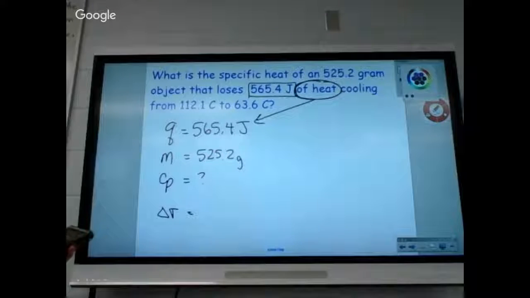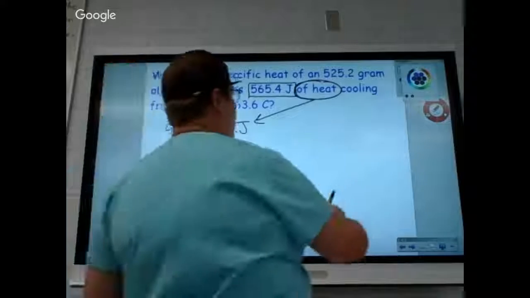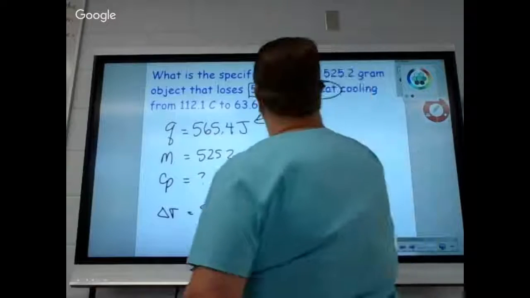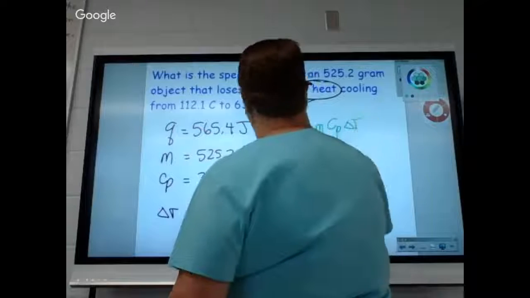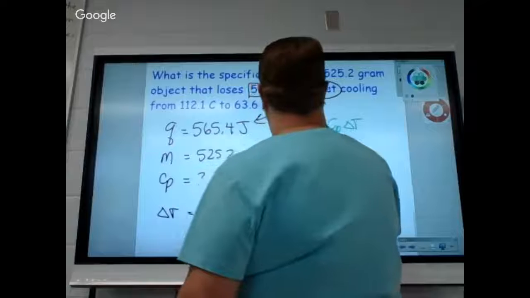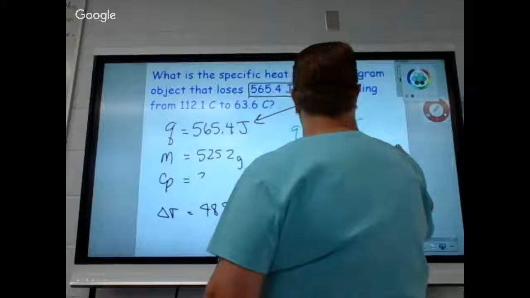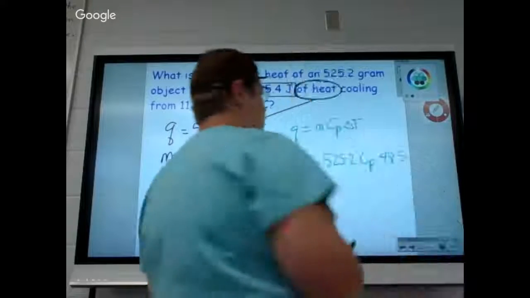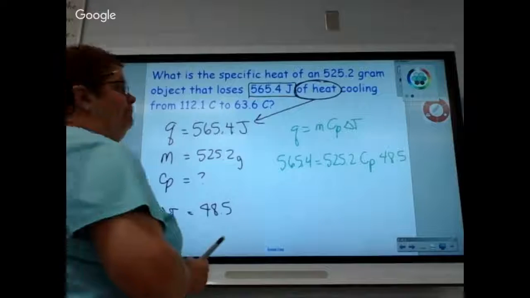So 112.1 subtract 63.6, I get 48.5. All right, so if I plug in, and this is what I want to make sure I do for my folks who are math challenged, Q is 565.4, 525.2, Cp, and 48.5. What should I do to solve for my Cp, for my math folks who struggle? Divide it by 525.2.